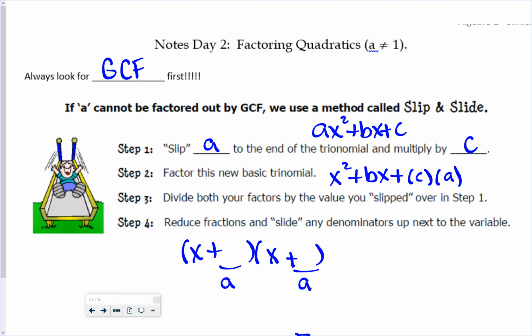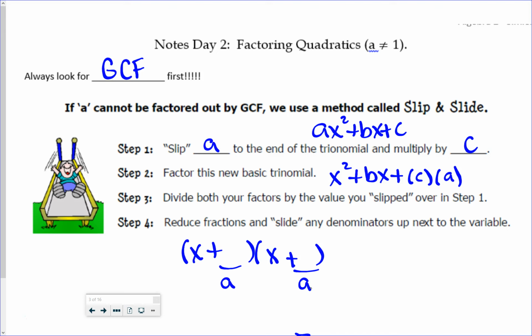So we slip it to the end so factoring is a little bit easier, but then we have to make sure we slide it back out to make our equation balanced again. We will have fractions. We will reduce those fractions, but fractions are not going to stay in our answer. We promote them, and I'll show you what that means in a minute. So fractions should never stay in there. They'll either reduce down to a whole number, or we're going to promote them up into our factor. And I'll show it to you.